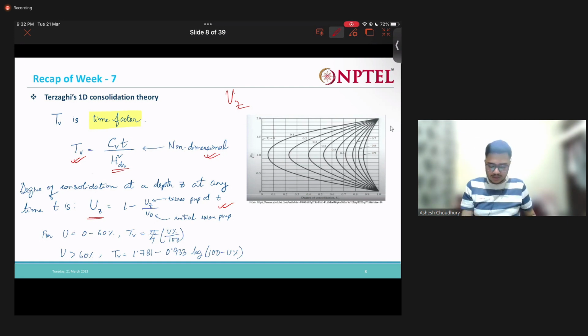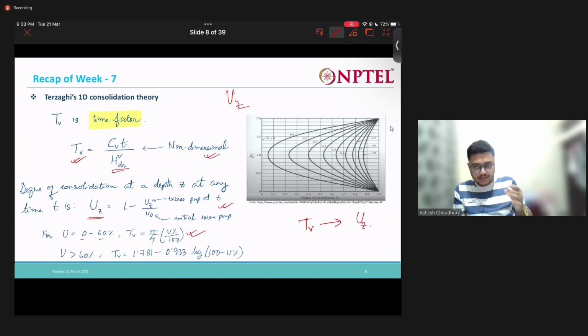For this time factor, we have a relation between the time factor and the degree of consolidation. For degree of consolidation between 0 to 60%, my time factor is given by this expression, and for degree of consolidation greater than 60%, this is the expression.